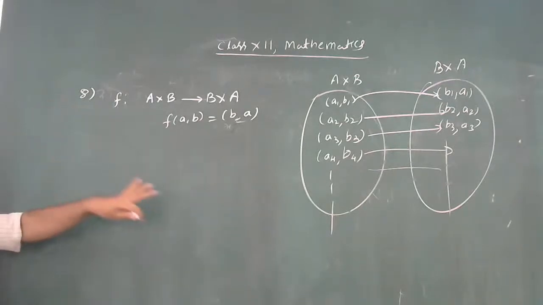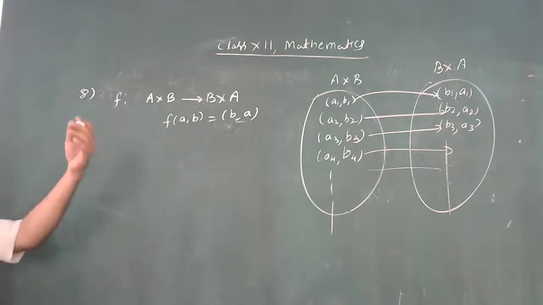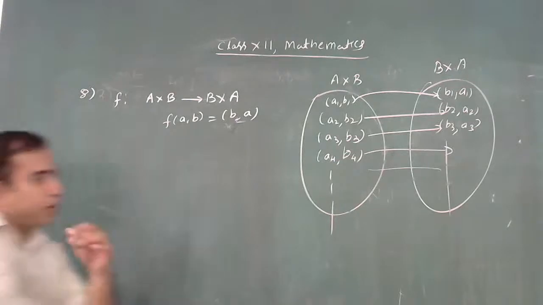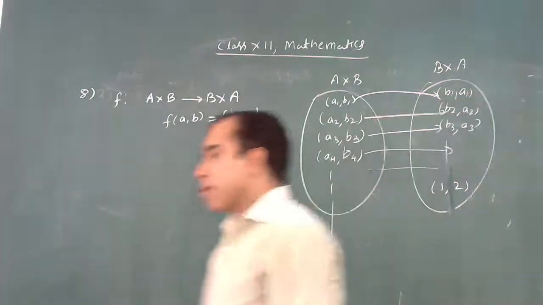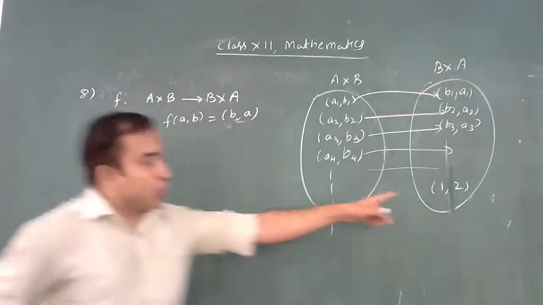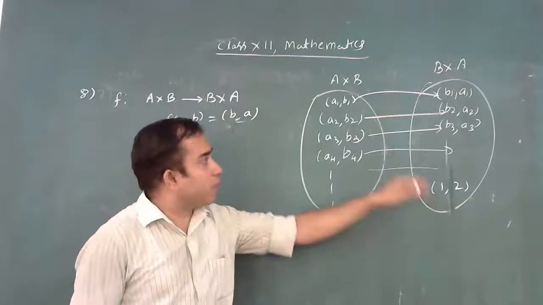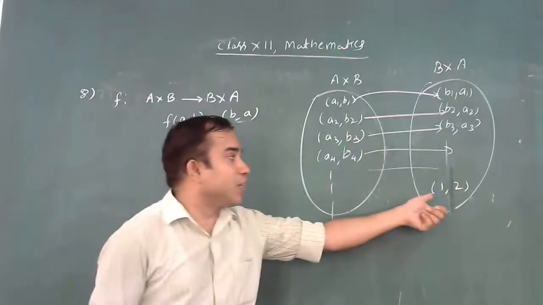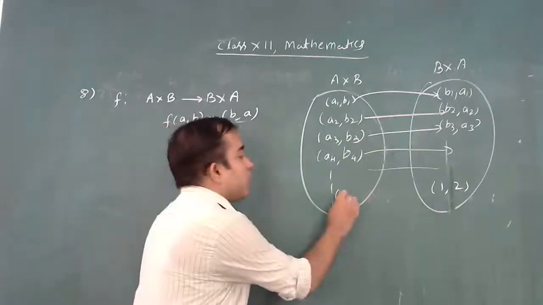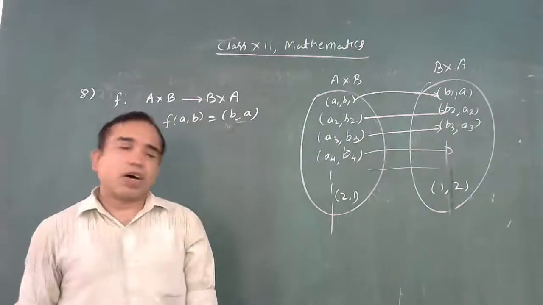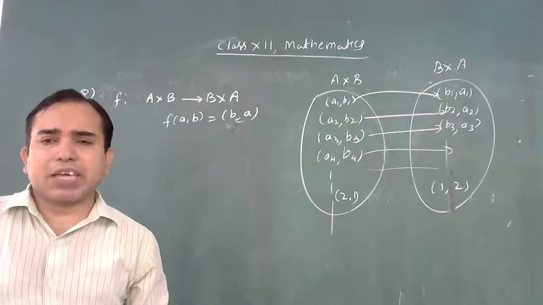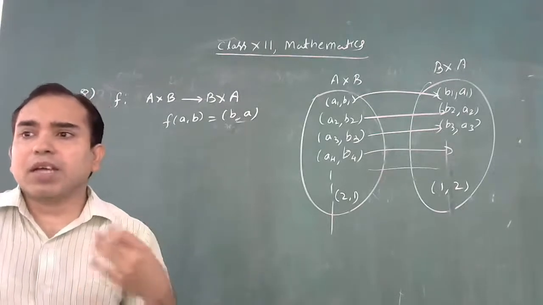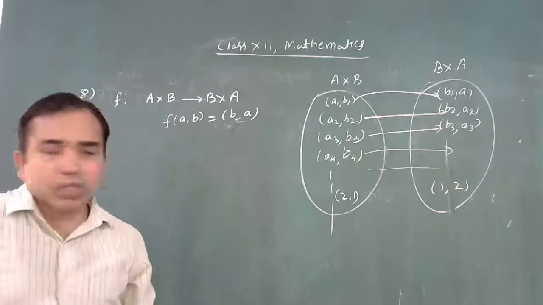And whether ontoness is there, whether all codomain points are engaged, whether all codomain points are image points. अगर मैं यहाँ कोई randomly एक (x, y) ले लूँ या (1, 2) ले लूँ, whether it will have a pre-image, हाँ ये हमको रूल समझ आ रहा है कि ये किसकी इमेज रहा होगा, ये जरूर यहाँ पे (2, 1) की इमेज रहा होगा, है ना. तो हर कोई पॉइंट शर्तिया इमेज पॉइंट होगा ही होगा. ऑन्टोनेस है इसमें, वननेस भी है. ये हमारा इंट्यूशन से हमें समझ में आ रहा है.